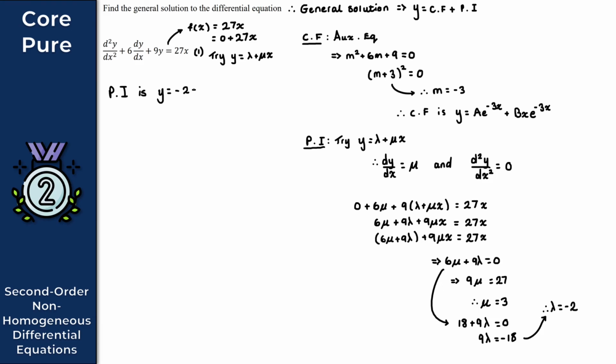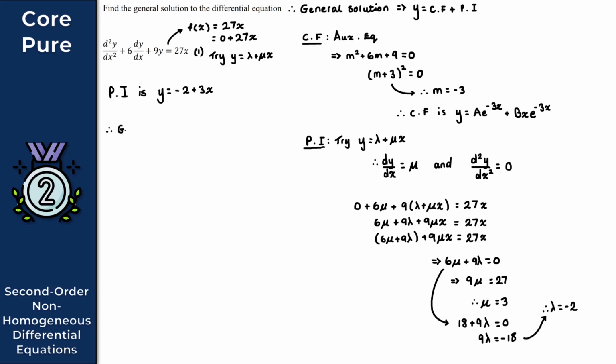So minus 2 plus 3x. At this point the question is pretty much complete. All we need to do is give the general solution as the sum of the complementary function and the particular integral.